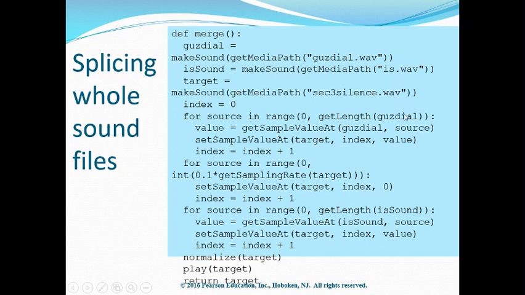Target is the 3 seconds of silence wave file. So what we're actually doing is combining the guzdial and the is to make some sound that's put together. Down here we do the same thing. We go through is sound and we update the target as well. Cool. And then we normalize the target, we play the target, and then we return the target.